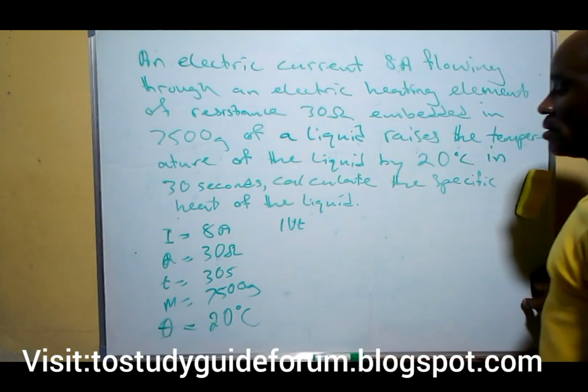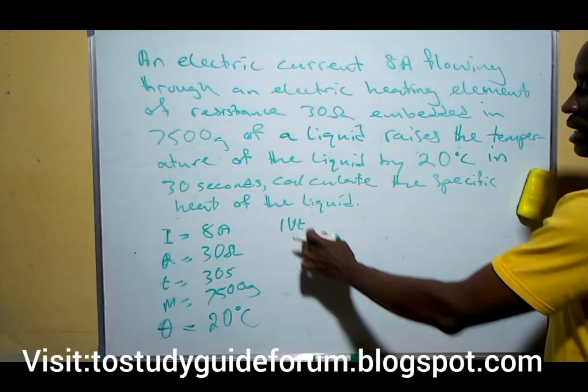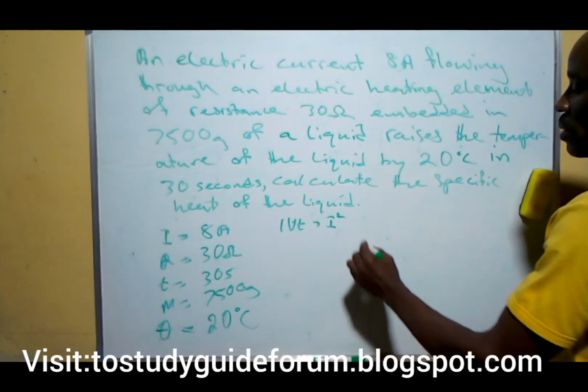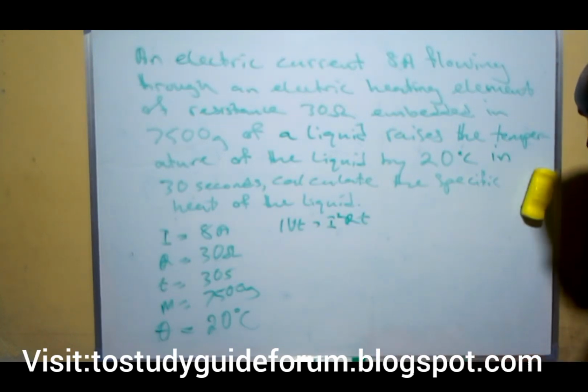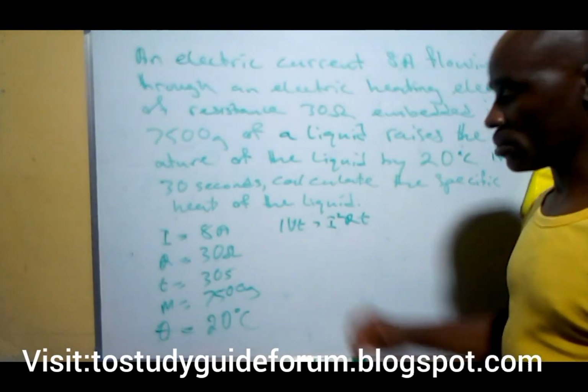And we know that IVt, that is current, voltage and time, is the same thing as I squared Rt, current squared, resistance and time. That will give us the quantity of heat from the electrical source.